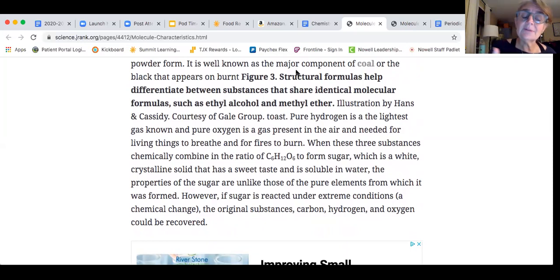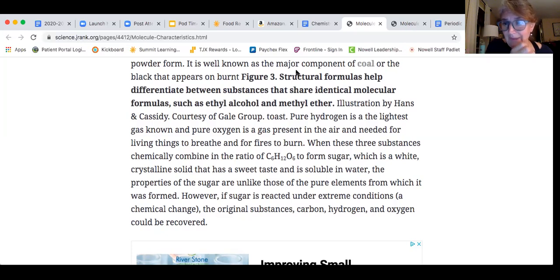But when these substances are combined, these two gases and this black powdery substance, which is carbon, we get something that's white and crystalline, like sugar. It has a sweet taste. It's soluble, or dissolvable, in water. And the properties of sugar are unlike the properties of the elements carbon, hydrogen, or oxygen.